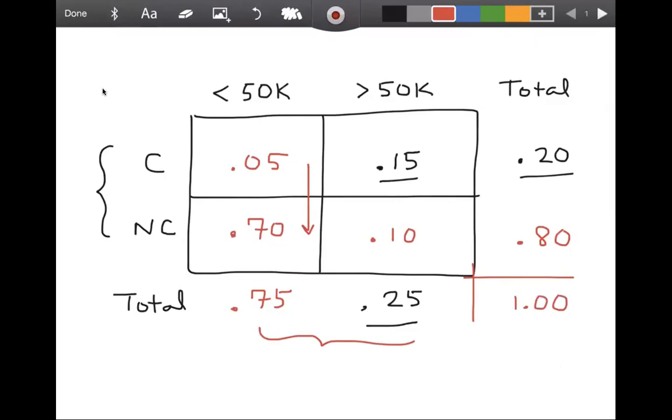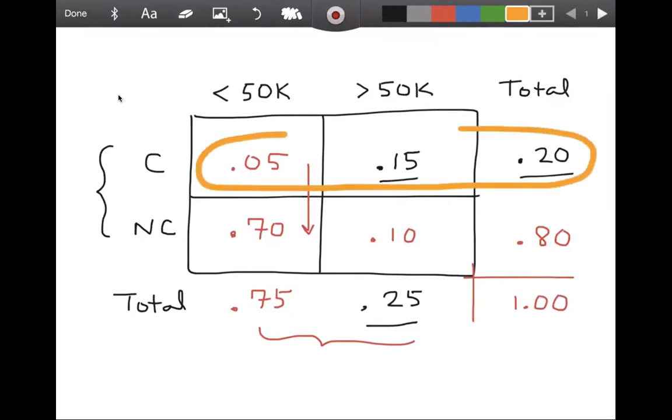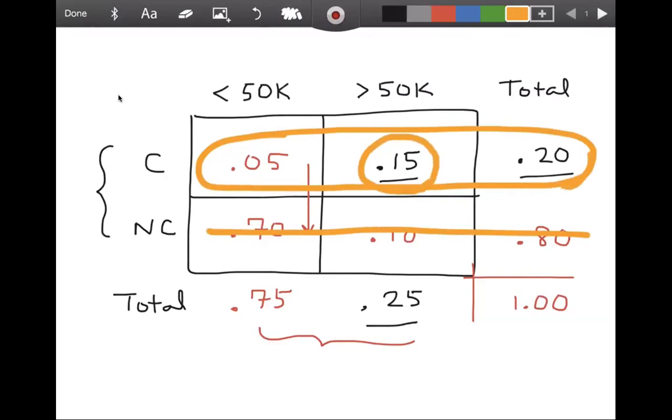what is the probability that an employee earns more than $50,000 a year, given that they are a college graduate? So the intuitive approach to this is to just think of your sample space as just these people here, and ignore these people. So if that circled area is my whole sample space, I see 15% who earn more than $50,000 a year out of 20% total.